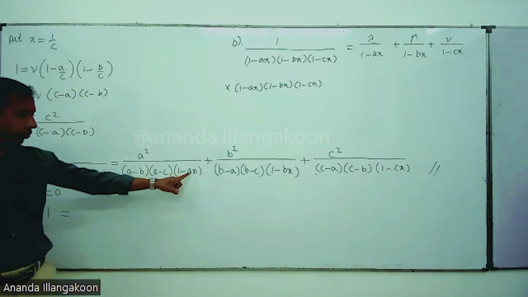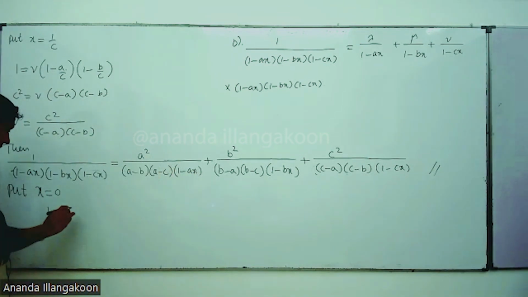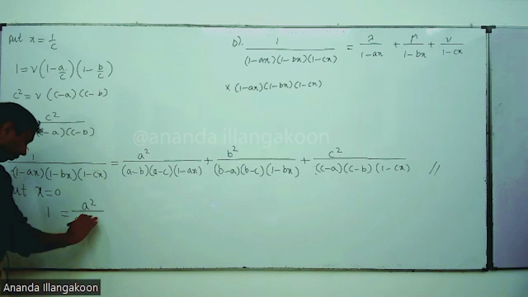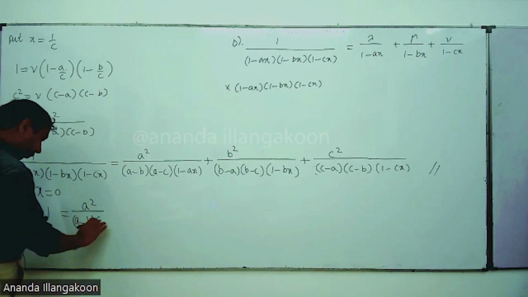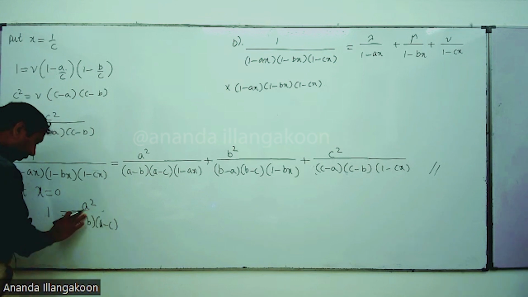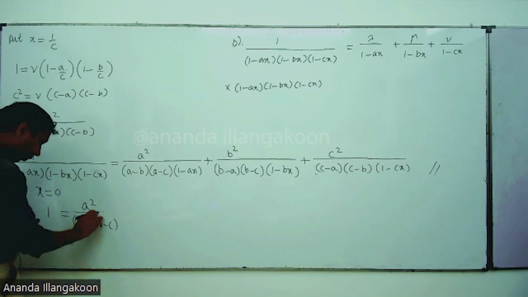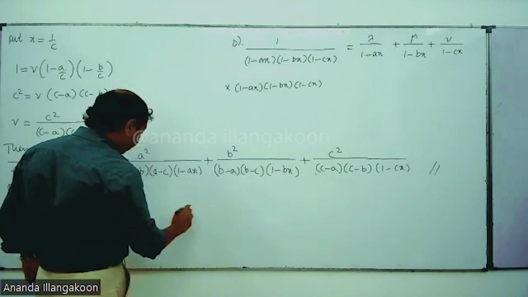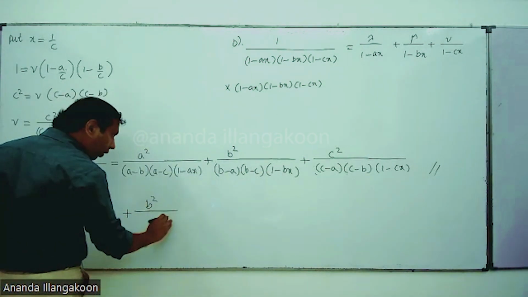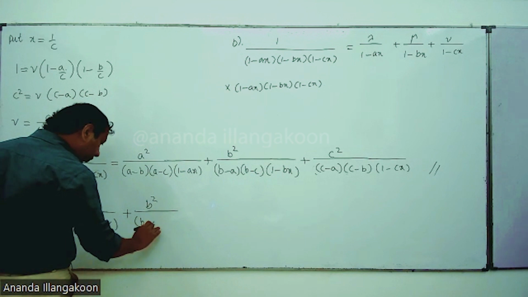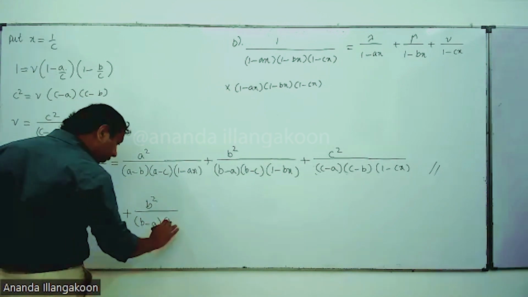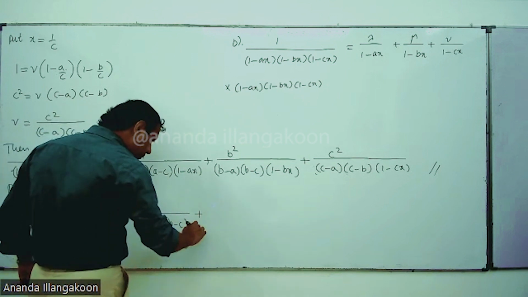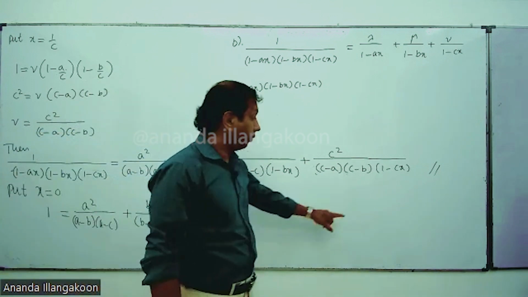Here, put 0. We get this divided by this. Here, x is 0. This is 1. B squared over b minus c, b minus c. Here, x equals 0.